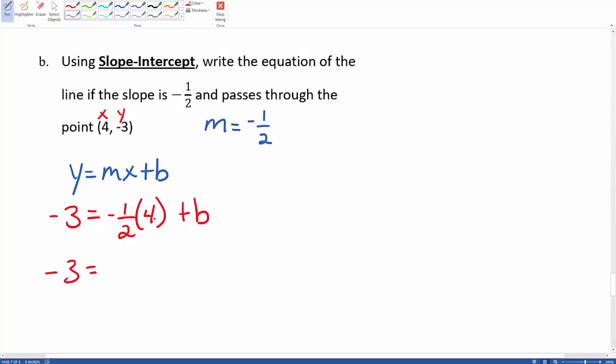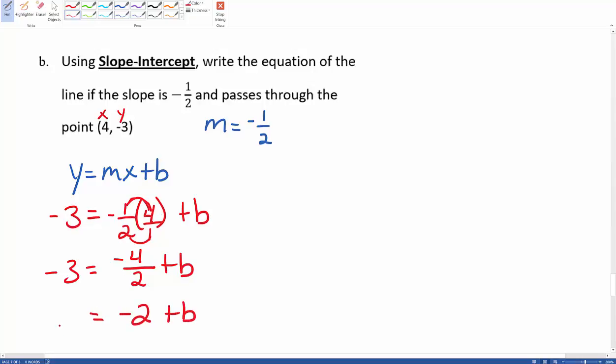In other words, we could also multiply this. So 4 is the same thing as saying 4 over 1. So negative 1 times positive 4 on top, we end up with negative 4 on top, over 2 times 1 is 2, plus b. Some of us might be able to recognize that negative a half of 4 comes out to be negative 2.